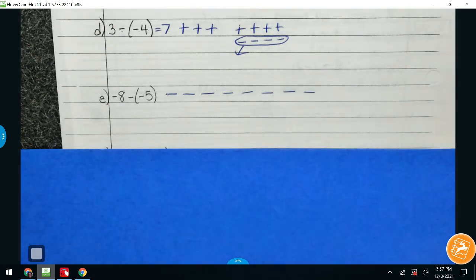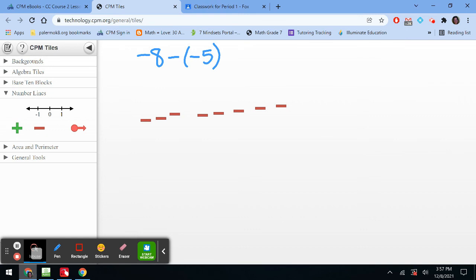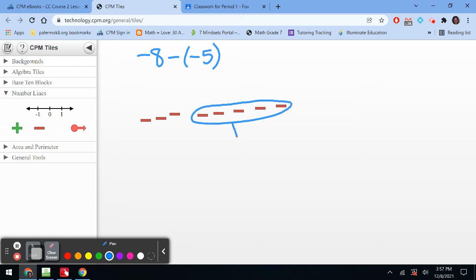And then I'm removing -5. So if I go back over here, grab my pen, and so I have 1, 2, 3, 4, 5, and I'm removing that. And so what I'm left with is -3.